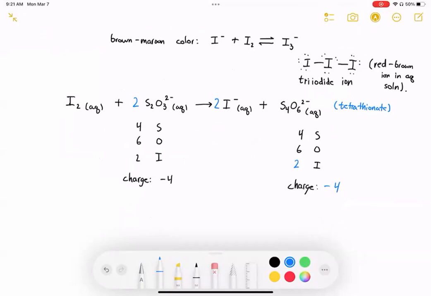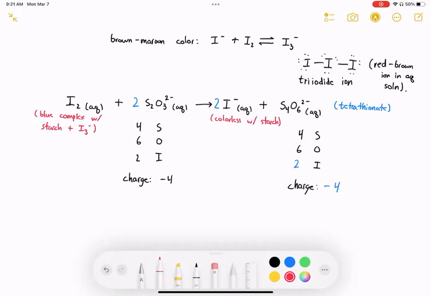So iodide by itself with starch is colorless. And then this will be a blue complex with starch and iodide. The iodine formed will combine with iodide and form this complex with starch.